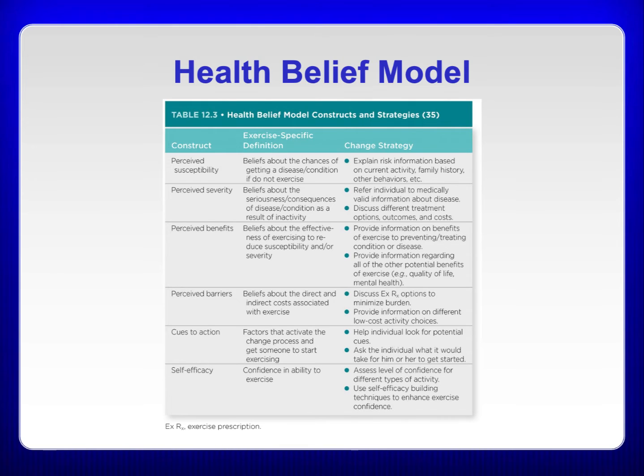And then self-efficacy: confidence in the ability to complete the activity or behavior. So it's your belief on how important all this stuff is, and you'll see that different people put different levels of importance into these various aspects of health and disease prevention.